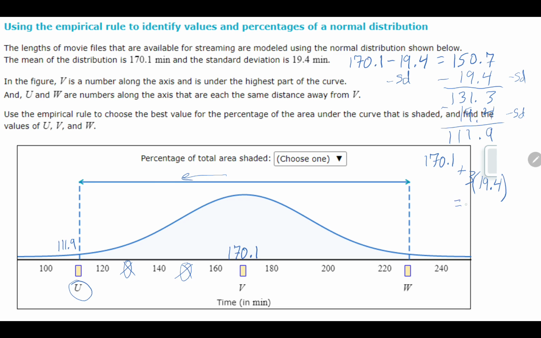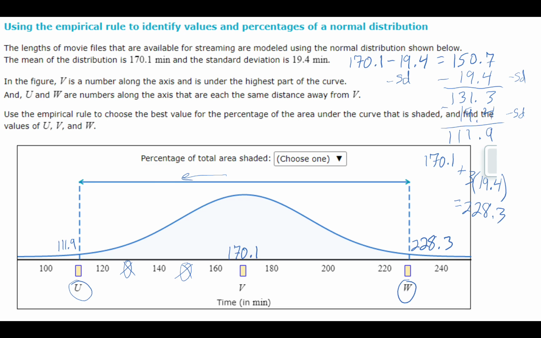This is going to equal 228.3. And it does fit with where W is. So that's kind of a check for us to make sure that we're on the right track. And then we have to know what 3 standard deviations removed from the mean, plus or minus, is.